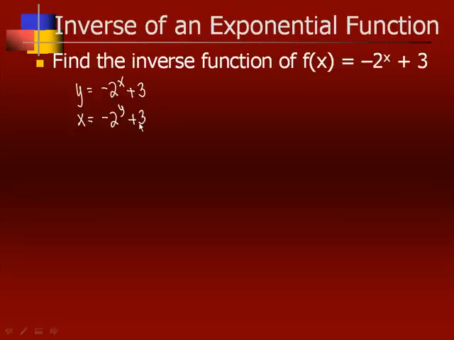Now, if we're trying to solve for y, we're going to subtract 3, so we get x minus 3 equals negative 2 to the y. Divide both sides by a negative, so that becomes negative of x minus 3 equals 2 to the y, or negative x plus 3 is equal to 2 to the y.